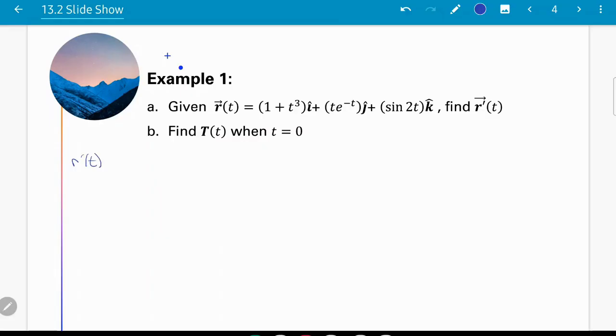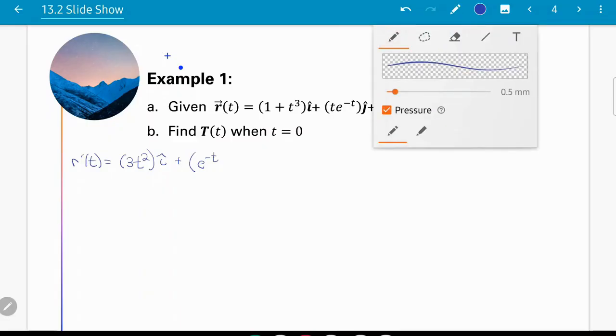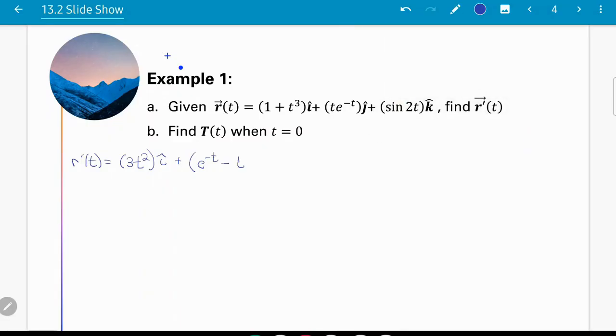So r prime of t is going to be 3t squared i hat plus, and we need to use the product rule for this one, so it's going to be e to the negative t plus, that'll end up being minus t e to the negative t j hat plus 2 cosine of 2t k hat.